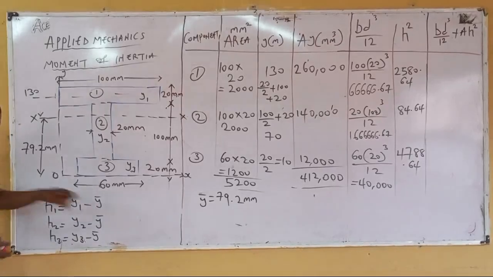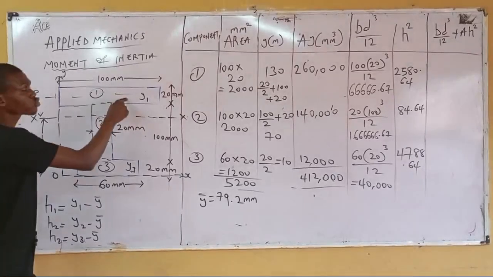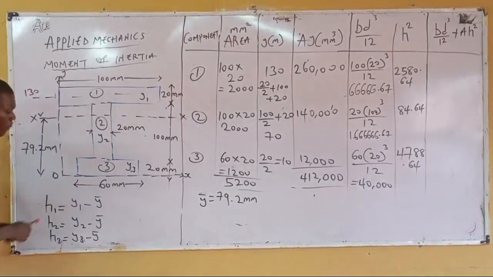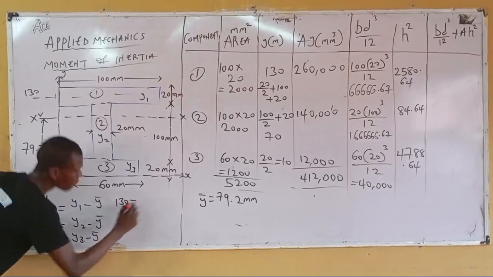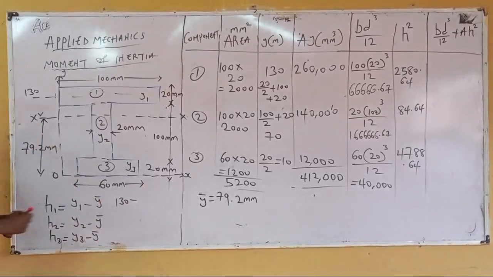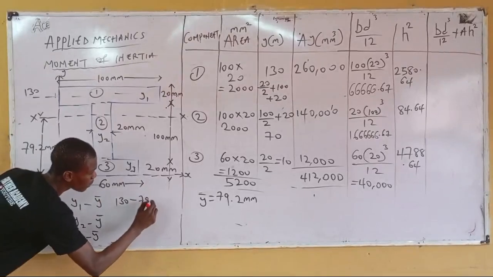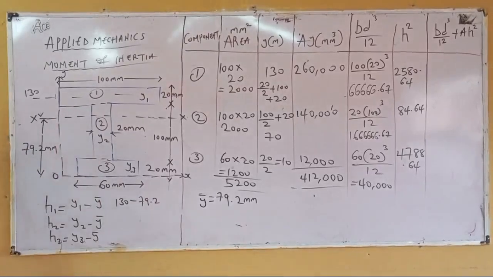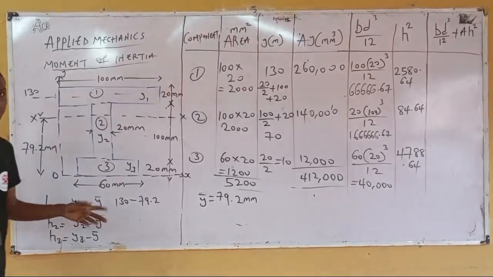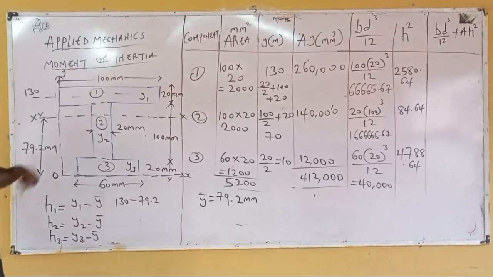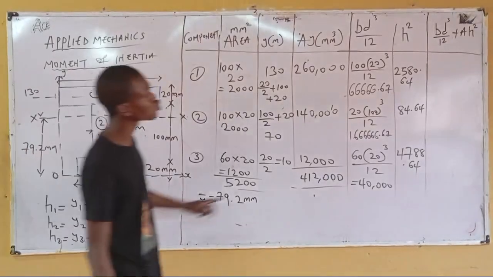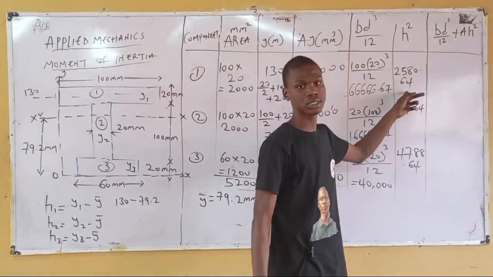So now let's solve. Y1 minus Y bar is what? The centroid of component 1, which is 130, minus the total centroid you got, 79.2. And what's the answer? 50.8. By the time you square it, that's how you got this.